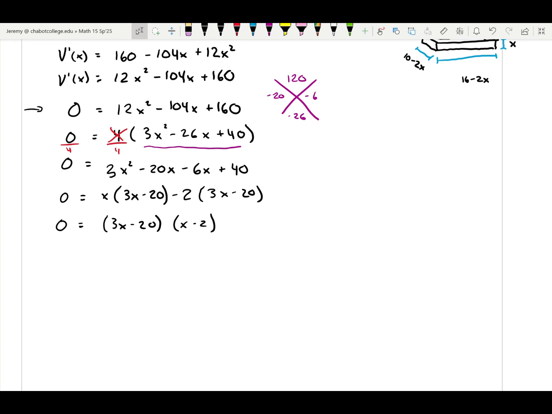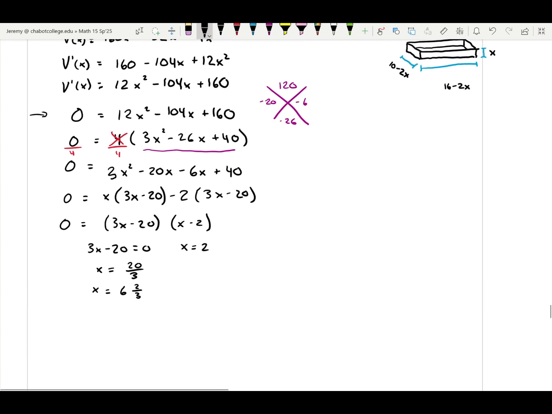So my two critical numbers are x equals 2, and I could set 3x minus 20 equal to 0. Add 20 to both sides, divide by 3. x equals 20 over 3, or, writing this as a mixed number, 6 2/3.